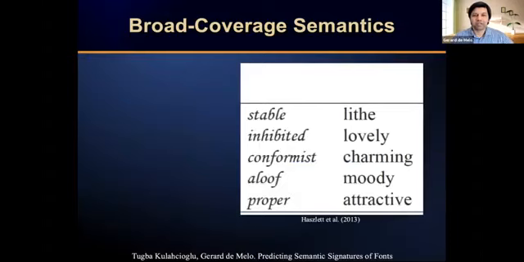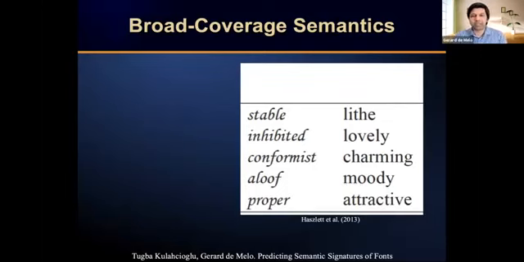More generally, there's this idea that a font can correspond with many different kinds of semantics. There are some psychological studies where they show people words written in a particular font. If you look at these examples here, there are words like lovely, charming.